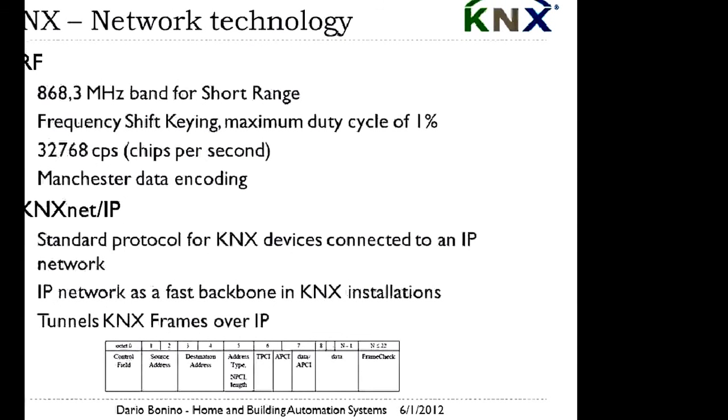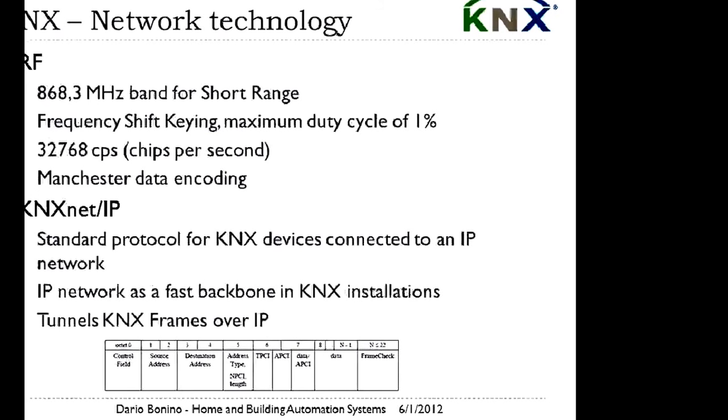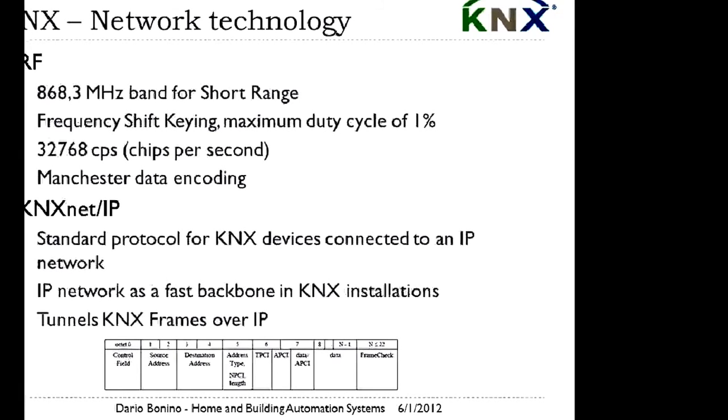Okay, on RF they are transmitting data wirelessly on the 868 megahertz frequency range, which is not too high for interfering with Wi-Fi connection, not too low for interfering with the typical radio connections, which are from 433 and going below.